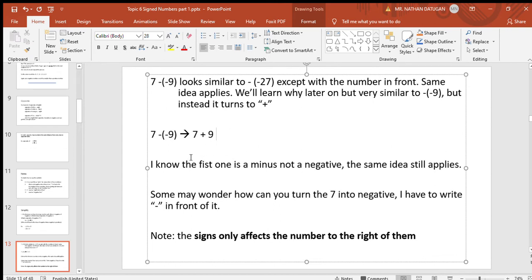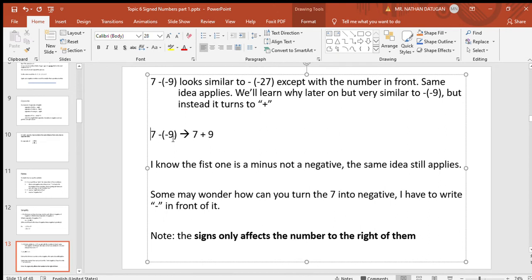I know the first one is minus, not a negative, but the same idea applies. It's the opposite of -9. Some may wonder, how can we turn the 7 into negative? Well, we just have to write a negative in front of it. But right now, we don't really care.